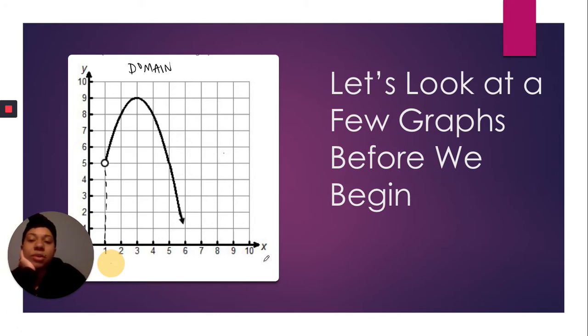So you could say 1 is less than x is less than infinity, not less than or equal to because it's an open circle. Or we can write it as x is everything greater than 1. All the x values are greater than 1, nothing behind 1, the graph started here.